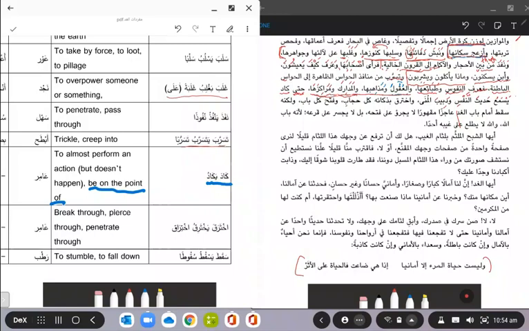حتى كاد. We can say حتى even almost hearing hadith al-nafs. What could hadith al-nafs refer to here? The speech of the self, but what does that mean? Hadith al-nafs.